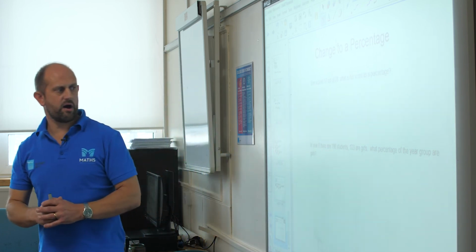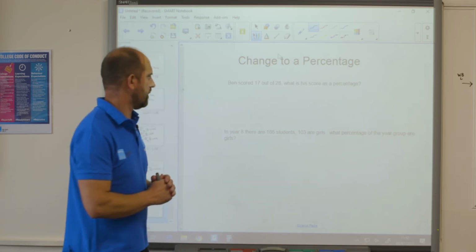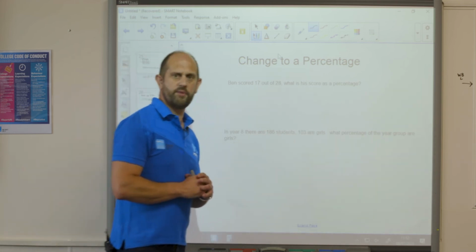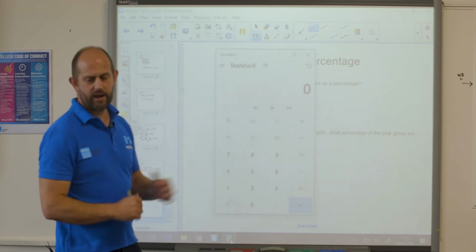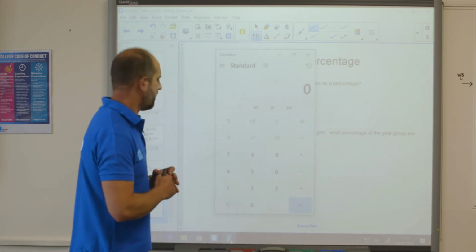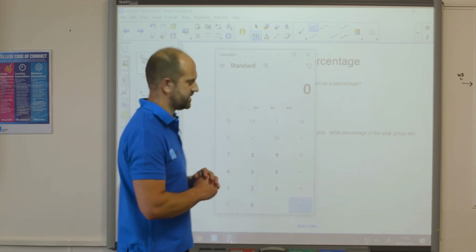In Year 8 then there are 186 students. 103 of them are girls. What percentage of the year group then are girls? Back to our calculator. We know then that there are 103 girls in the year group. There are 186 in total.